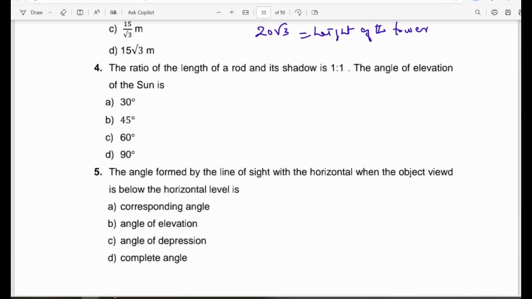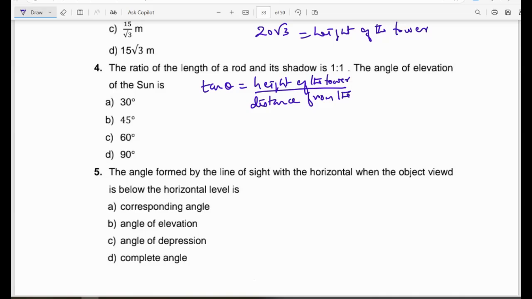The ratio of the length of the rod and its shadow is 1 is to 1. The ratio of elevation of the sun will be tan theta. Tan theta will be height of the tower divided by the distance from the tower.